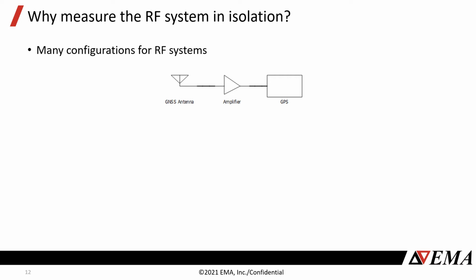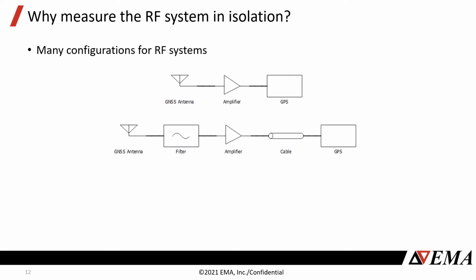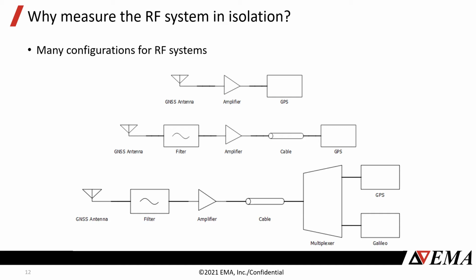And the reason we do that is very often the same RF system is going to be used in different configurations on the same platform or different platforms. And especially in the design phase, you want to be able to go in and try out different things, to try out, well, what if I use a filter? What if I use this type of amplifier versus that type of amplifier, etc. And so that's why we measure the RF system in isolation.